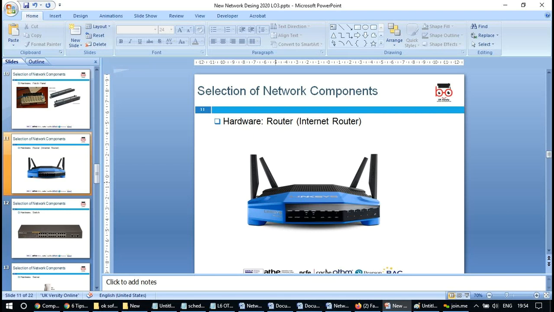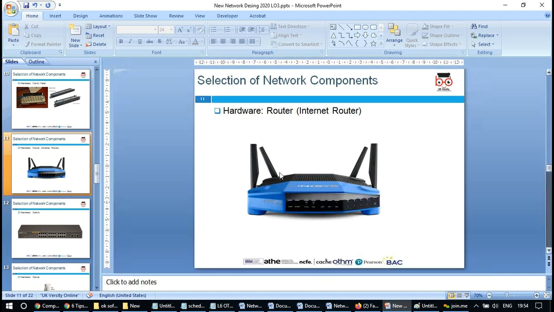But the specialty of the router is that it allows you to connect your network, the office network or the home network, with the internet. So in addition to the features of a device which enables you to create the network, the router has the capability to connect with the WAN.